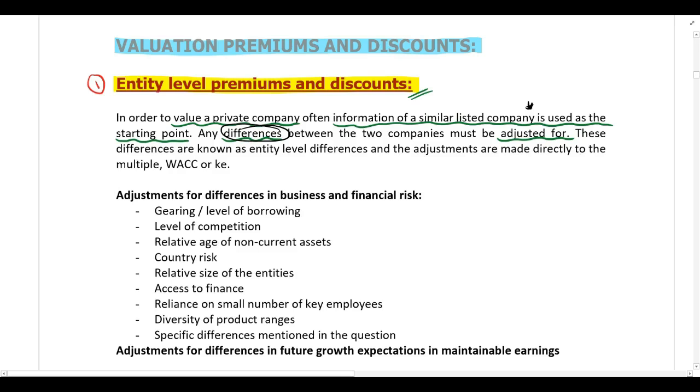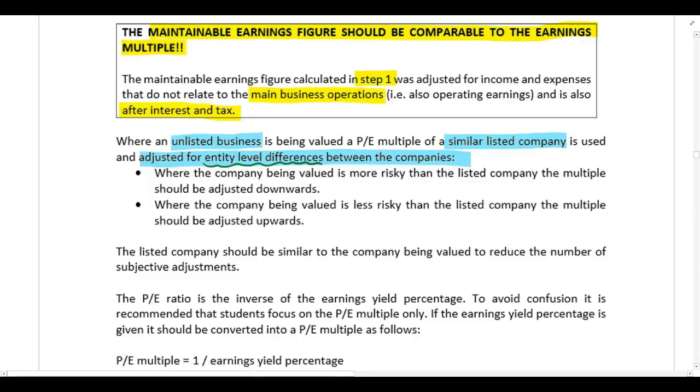Now, I want you to think about it logically. If we are performing a valuation using PE multiples, how do we value our company? By taking our maintainable earnings and multiplying by the adjusted PE multiple.